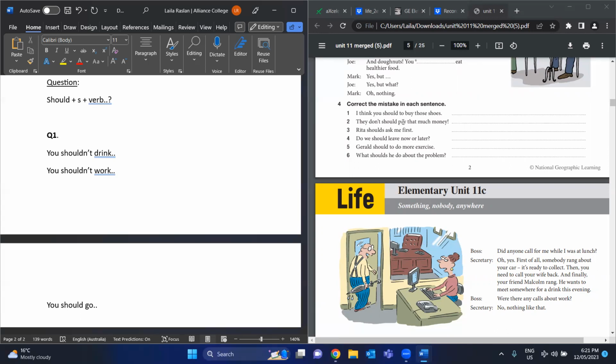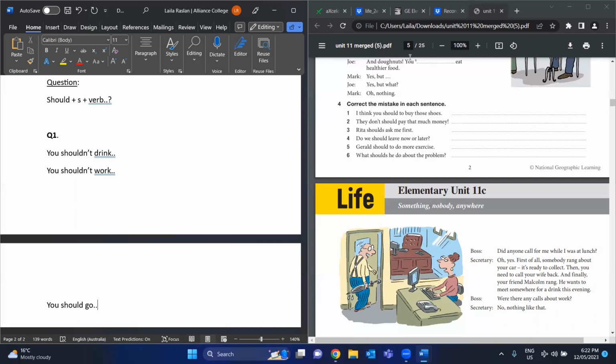They shouldn't pay. We have to cross off don't. And number 1, I think you should cross off to. Should verb. Number 3, Roxana. No S, exactly. There's no S on the verb should.